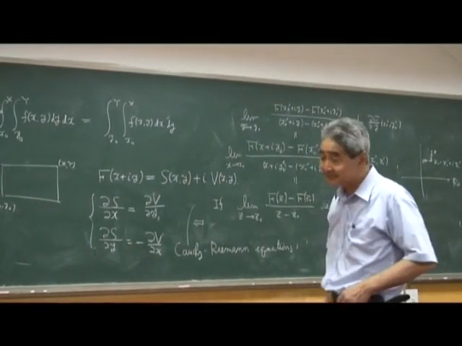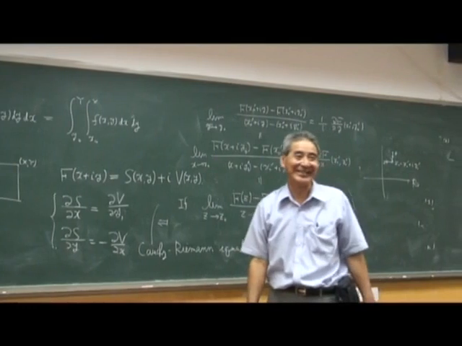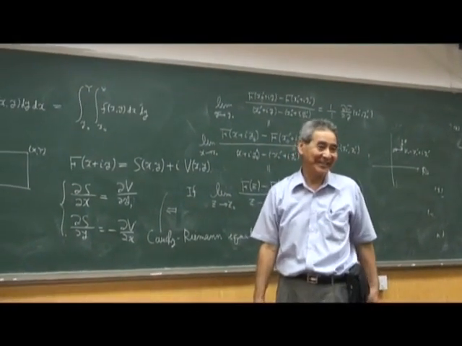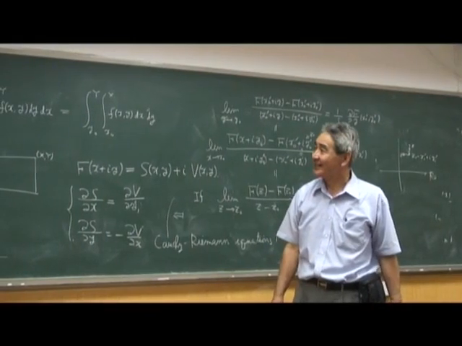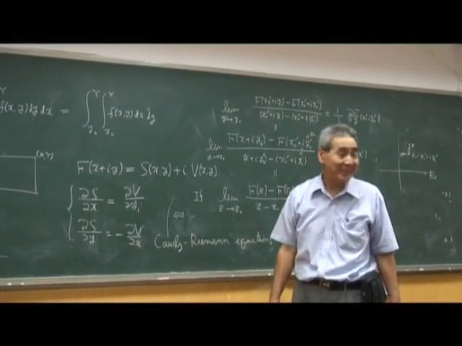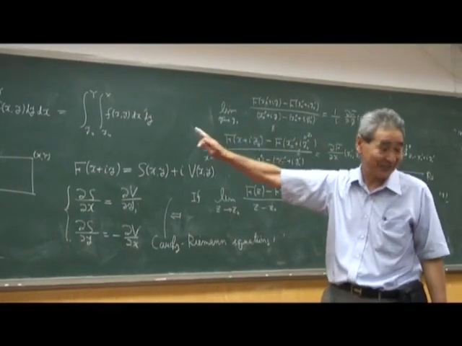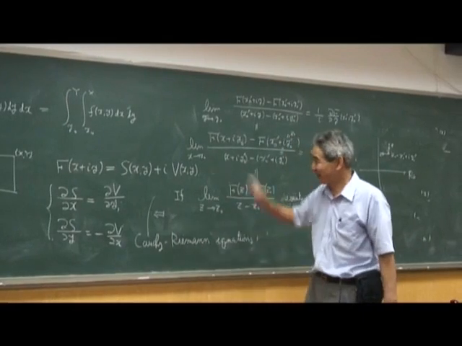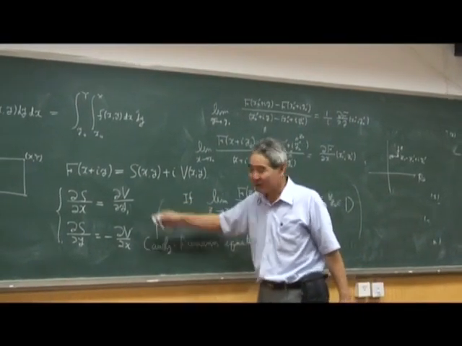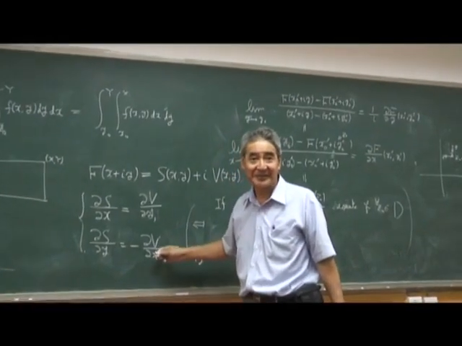Is it clear? Okay. For other people, is that okay? Then what is the relation between the interchangeability of the multiple integral and the Cauchy-Riemann equation? No, wait, I'm not finished yet. I'm just saying that not all functions satisfy these Cauchy-Riemann equations.